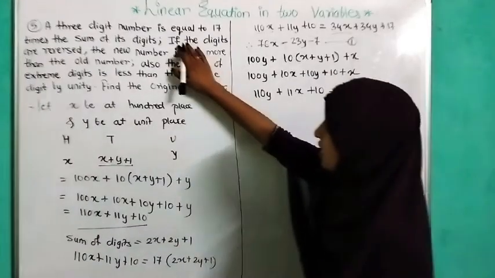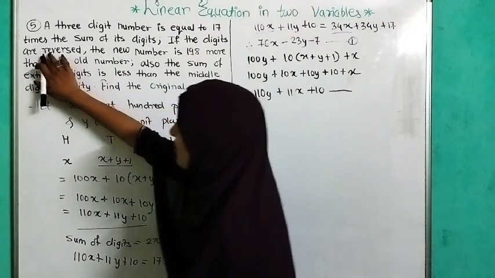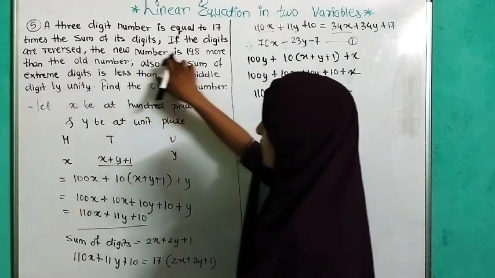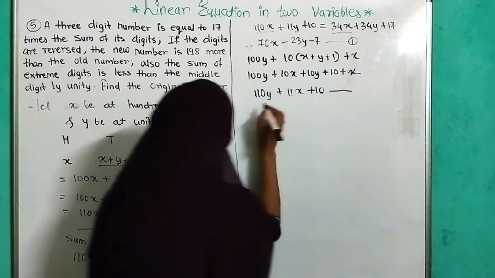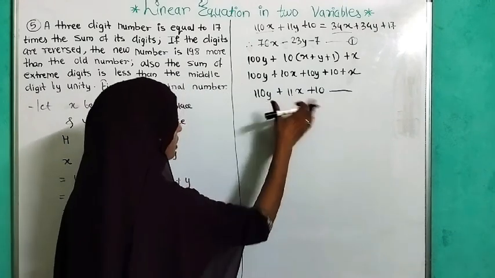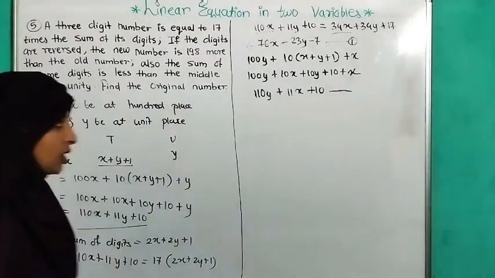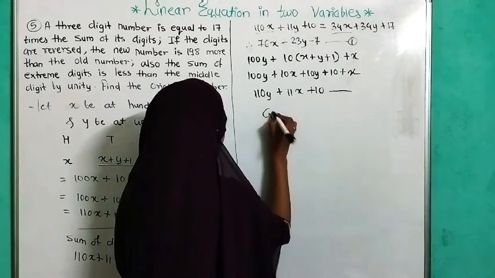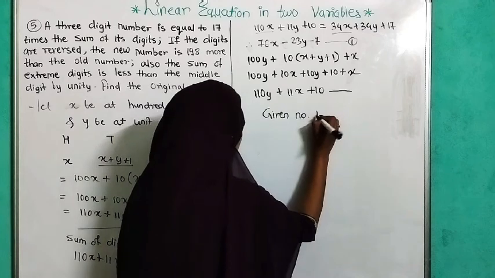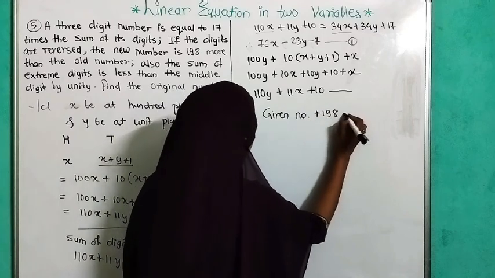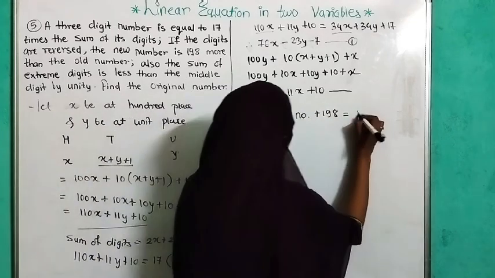Now what they told is, if the digits are reversed, the new number is 198. If we reverse the digits, the given number plus 198 is equal to the new number.